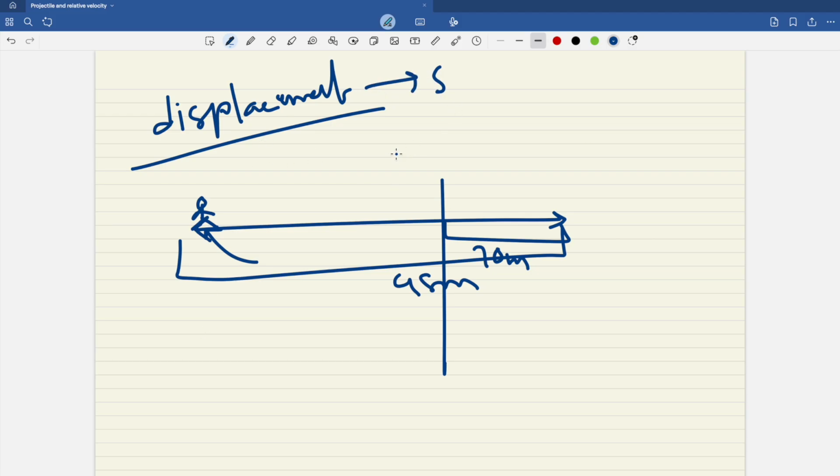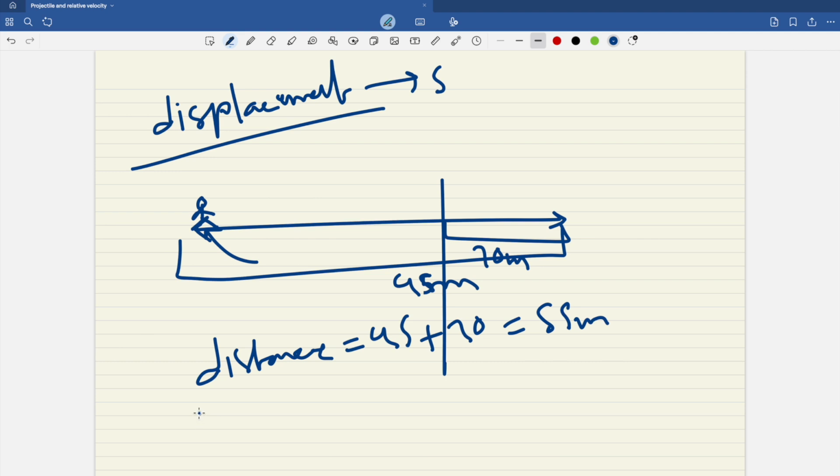The distance he covered was 45 plus 10, equals 55 meters, but the displacement was 45 minus 10, because he came back 10 meters in the opposite direction.